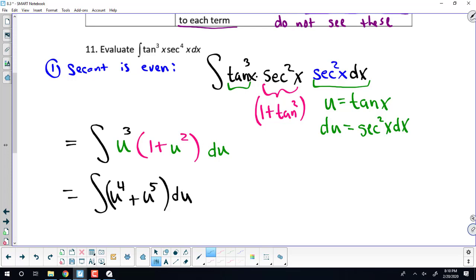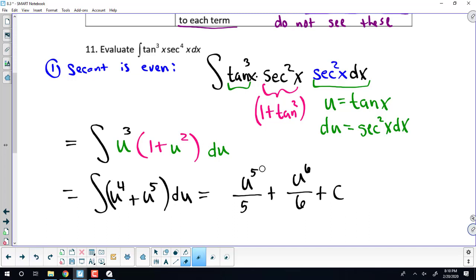U to the fourth, u to the fifth, antiderivative. And using either method, what we're going to see is that you do come up with a different antiderivative, but the derivatives are equal to tangent cubed secant to the fourth. U to the third, yeah. You were just one step ahead. Yes. Yeah. That's it.